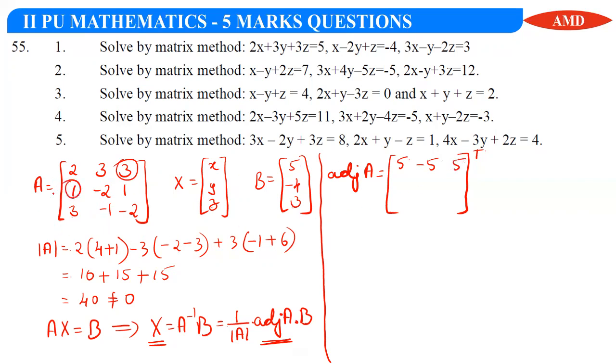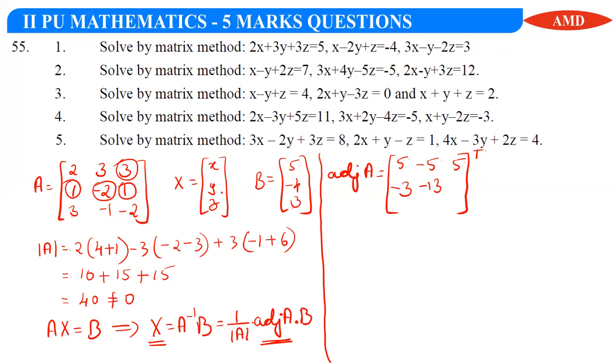The minor of the next element, 1, would be minus 6 and plus 3. Minus 6 plus 3 would be minus 3. Next, the minor of minus 2 is minus 4 minus 9. Minus 4 minus 9 would be minus 13. The minor of 1 is minus 2 minus 9.